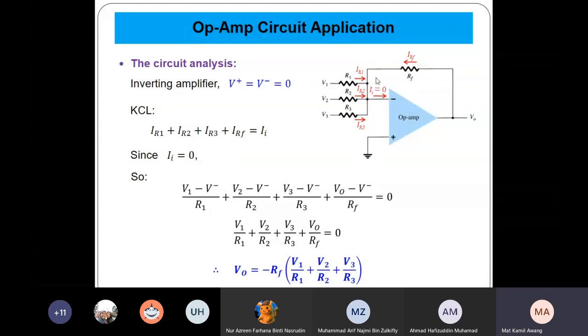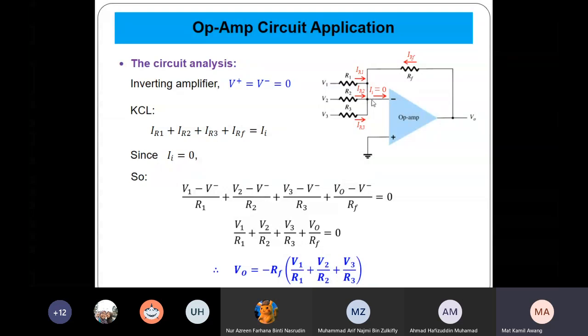You always remember that V plus equals V minus, and the other rule is that the input current I minus is equal to 0. This current is always 0.